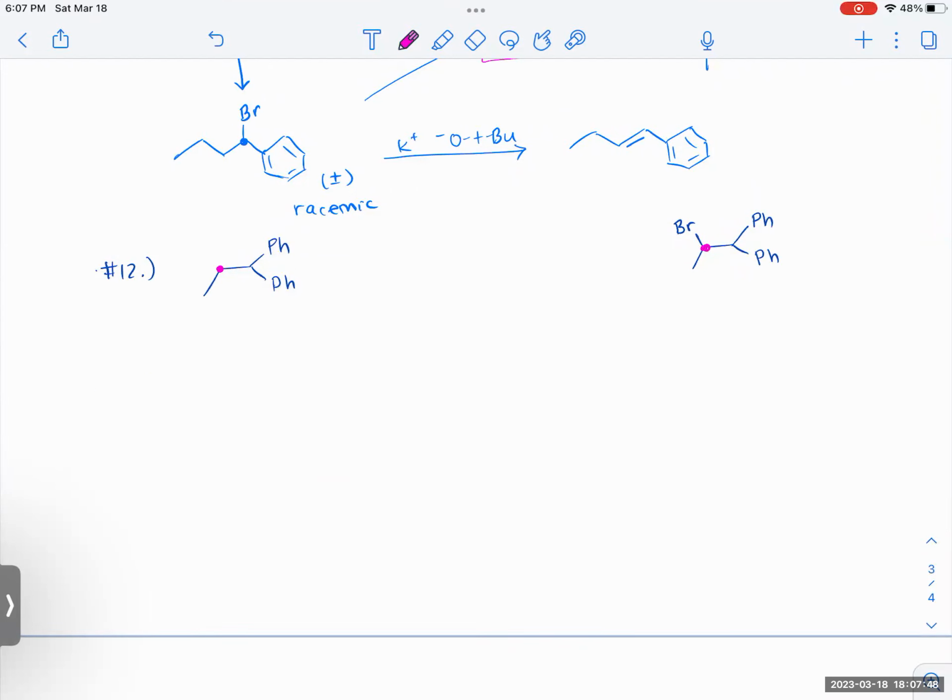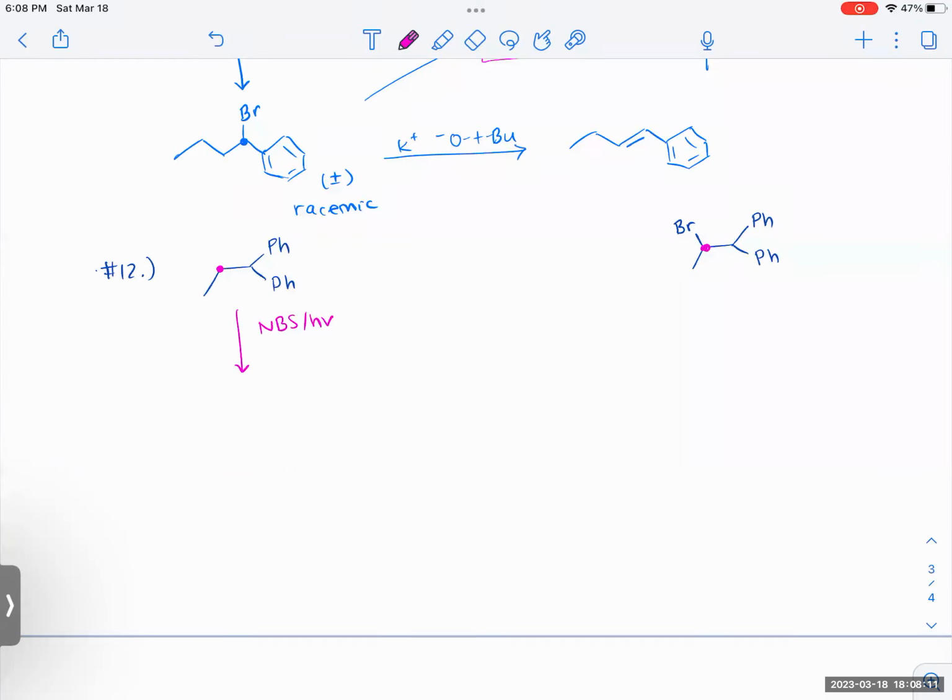At this point, the best way to start is to throw a bromine on it, because that gives us something we can work with, remove, or swap. So we are going to do NBS and light.